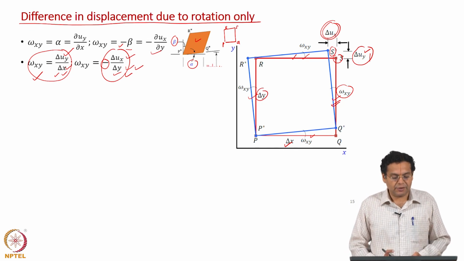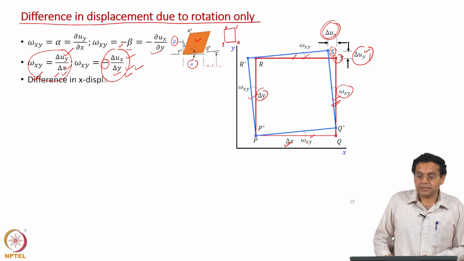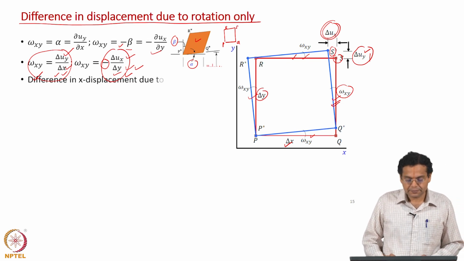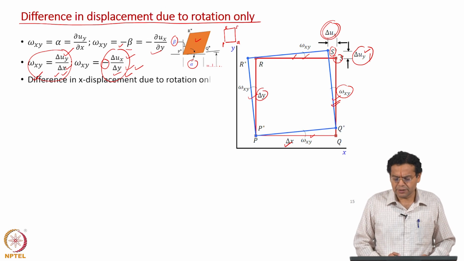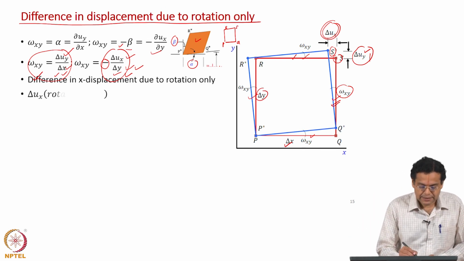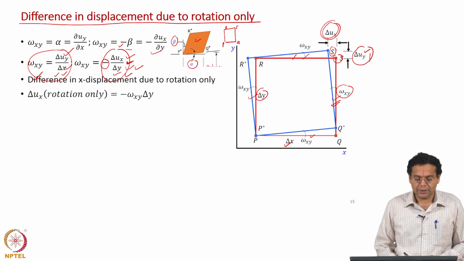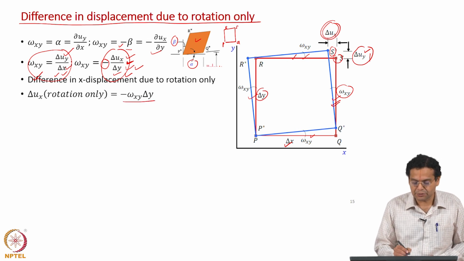They represent difference in y displacement and x displacement because of rotation only. Okay. So, first write for x direction. So, difference in x displacement due to rotation only. So, we use the second equation, delta u x rotation only is equal to minus omega xy delta y.